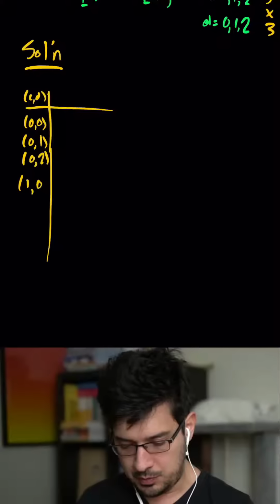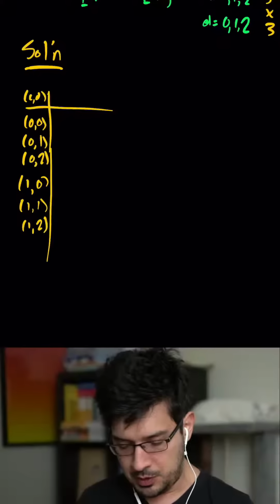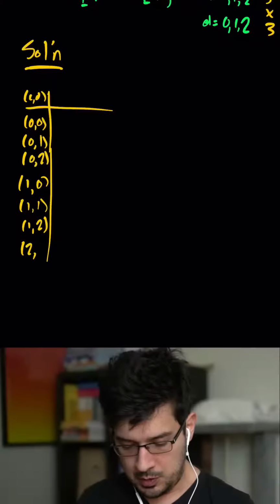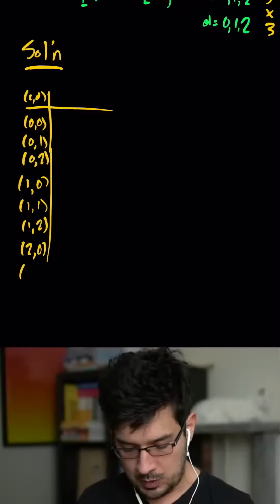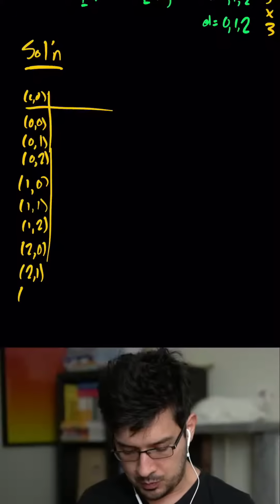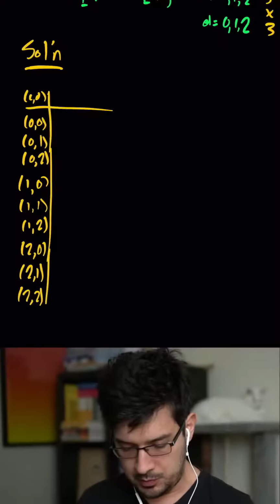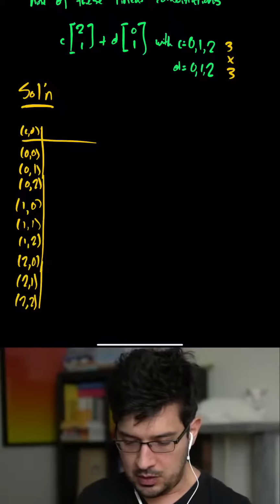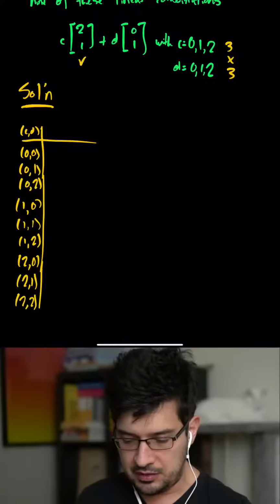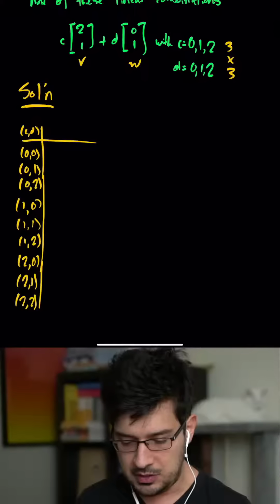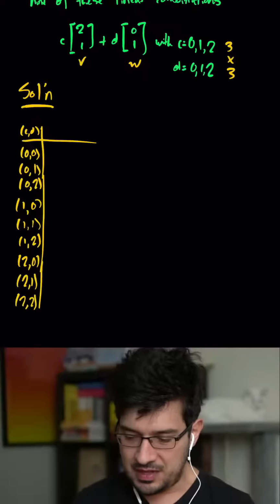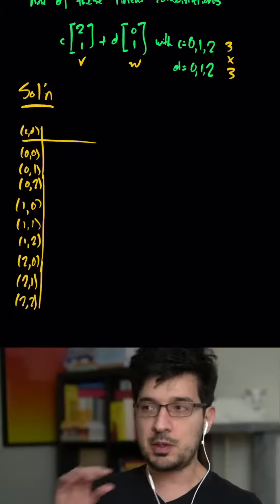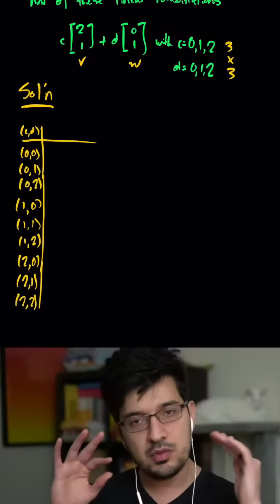And then we could give this thing a letter V and this thing a letter W. You know what? I think at this point people can pause, rewind. Let's just do it in one step.